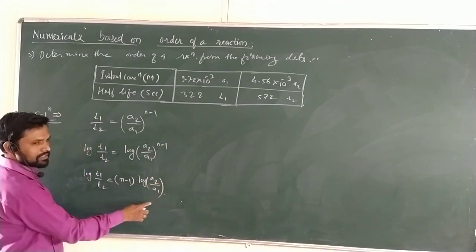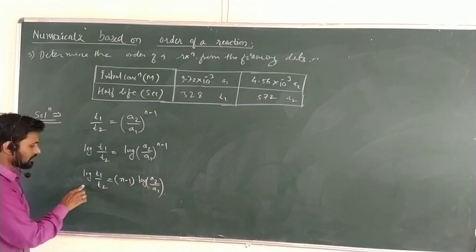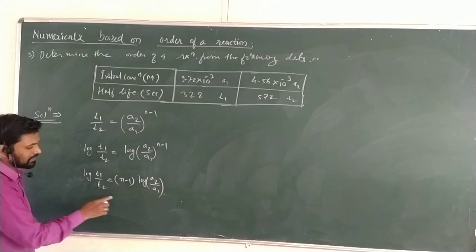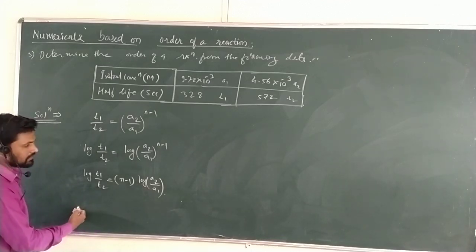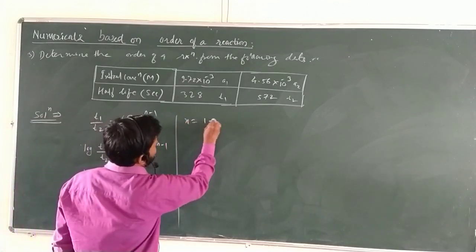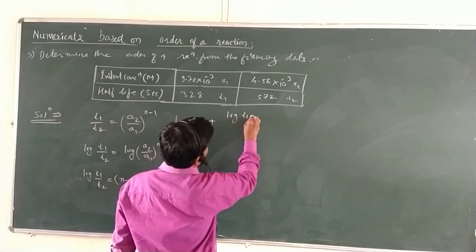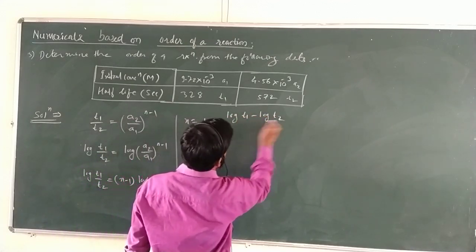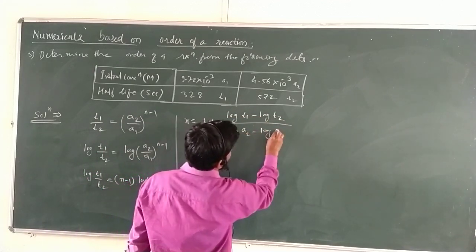Log A2 upon A1 is nothing but log A2 minus log A1, and log T1 upon T2 is nothing but log T1 minus log T2, and this comes to the denominator. Then you will get n equal to 1 plus, as we solved previously, log T1 minus log T2 over log A2 minus log A1.